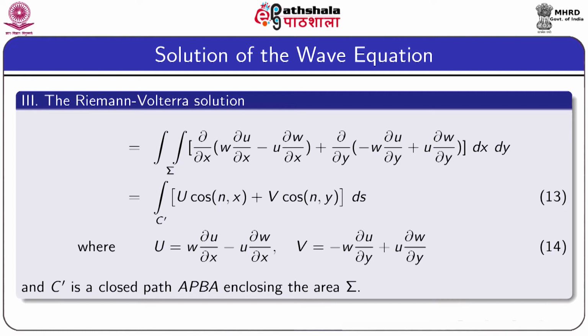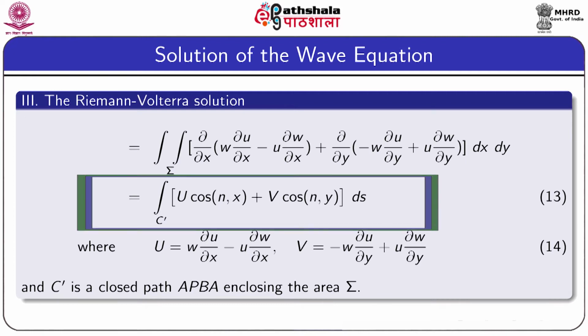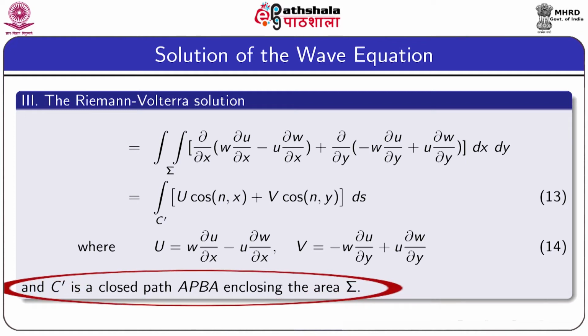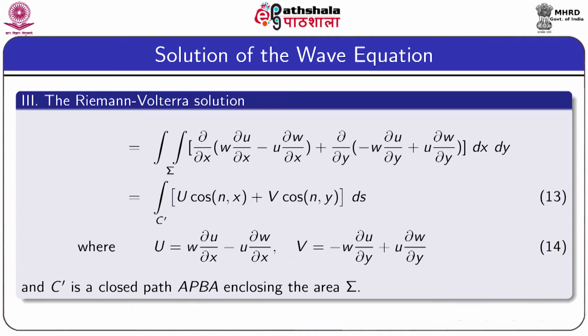Now, this surface integral equals the line integral, which is written here: integration over c dash of (U cos nx + V cos ny) ds, where c dash is a closed path APBA enclosing the area sigma.